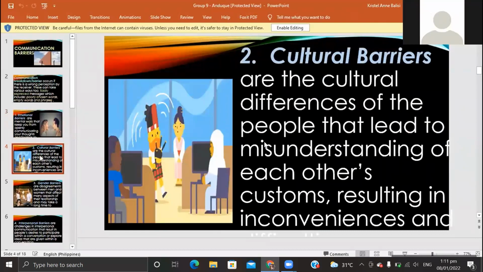Cultural barriers are the cultural differences of the people that lead to the misunderstanding of each other's customs.